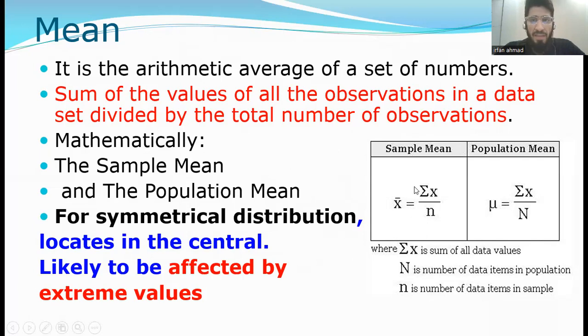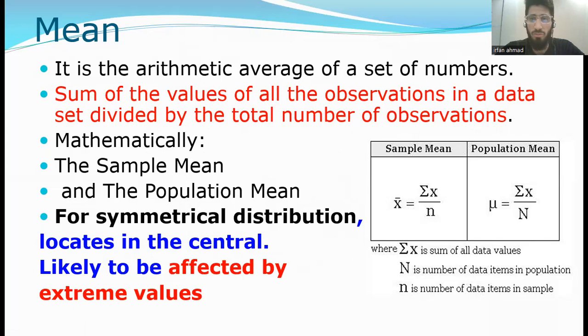Here the summation of x is the sum of all data values, and n is the number of data items in the sample. For mu, again it is the summation of all the data values, and capital N is the number of data items in the population, while small n is the number of data items in the sample.